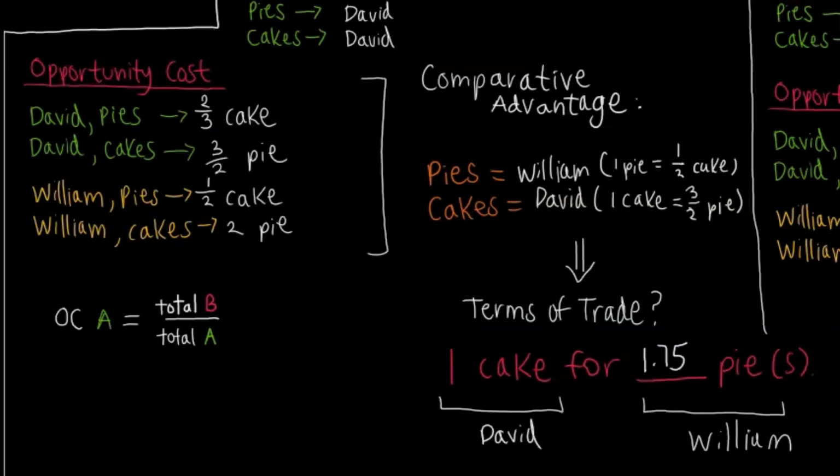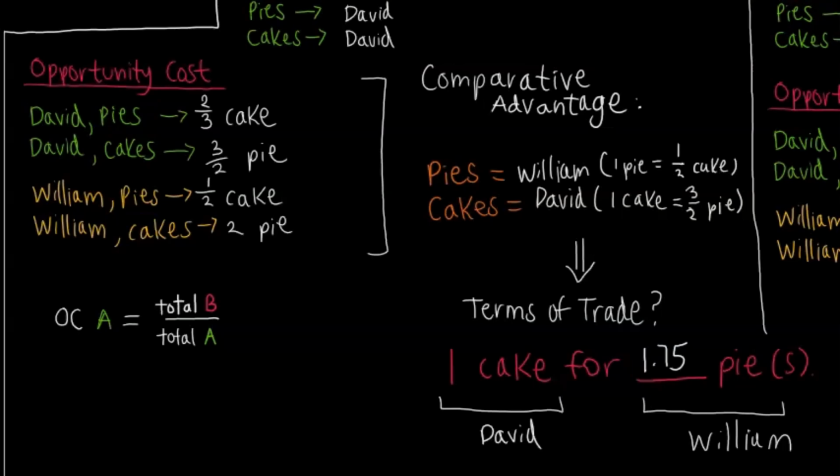So David, in our case, gives up one cake for 1.5 pies. If he is able to get anything greater than 1.5 pies for his one cake, he's going to be happy. William, on the other hand, gives up 2 pies for every single cake. Therefore, if he can get one cake for less than 2 pies, he's going to be happy, because he's giving up less for essentially the same thing.